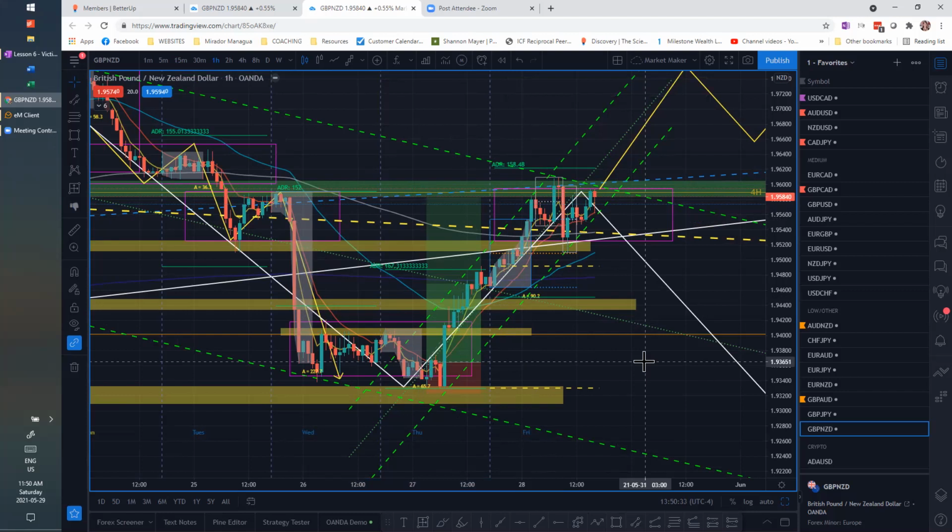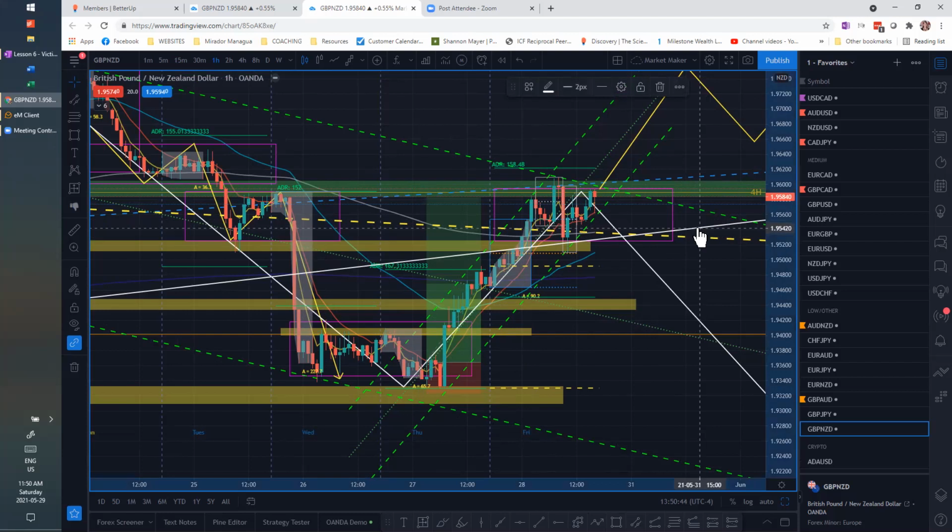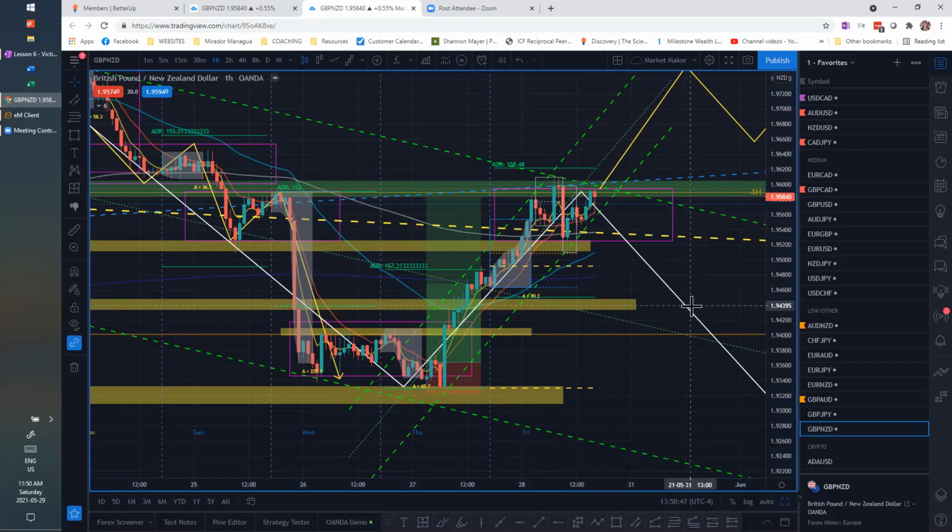Sometimes what I find with this pair is that maybe because it's in Asia, it'll just move right through Asia, and it won't give you any kind of warning. A lot of times I'm waiting for London to start, and then the Asian range is already like 100 pips, so technically I'm not supposed to trade anything like this. That's a good point, Boris, because the Asian pairs, especially AUD and NZD, do have a tendency to move more because the Asian markets are open and people are trading them.